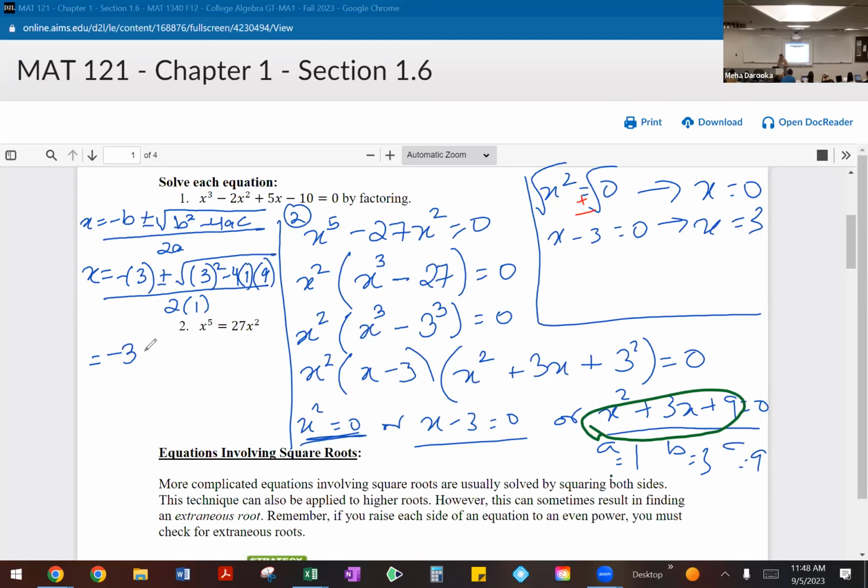So we have negative 3 on that front, plus or minus the square root of 3 squared, which is 9, minus 36, so the whole thing divided by 2. Plus or minus the square root of negative 27, then divided by 2.